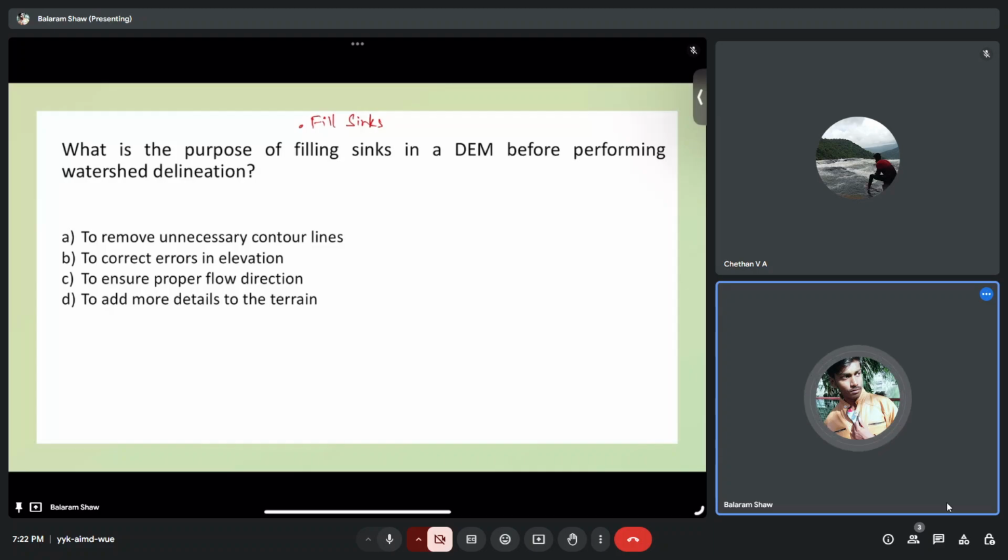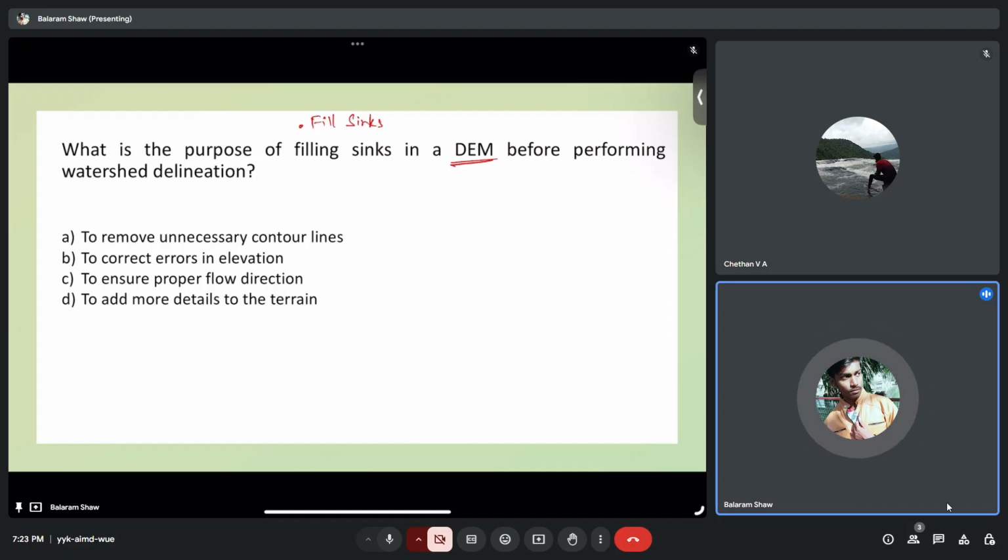The DEM is the primary input that we need for watershed delineation. If we don't have a DEM, we can't do it. One more point: digital elevation models given by satellites are not a very old phenomenon.